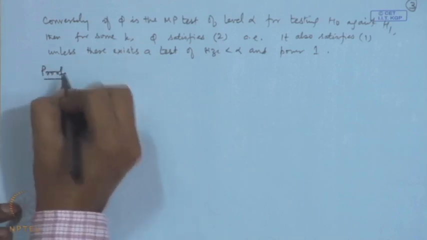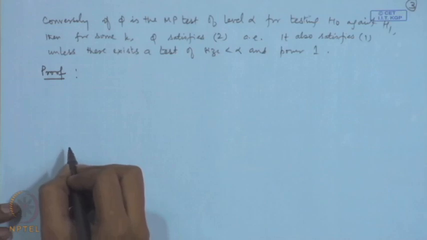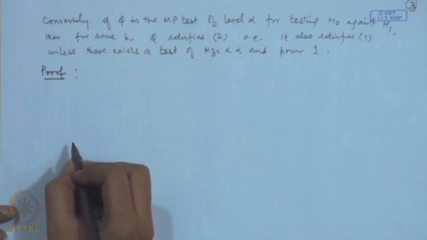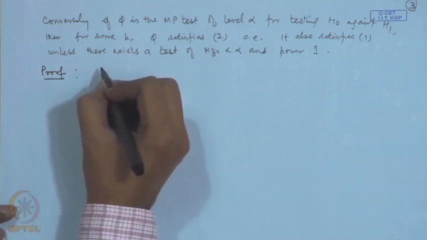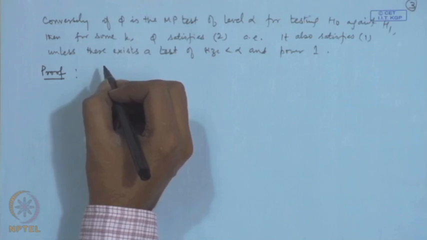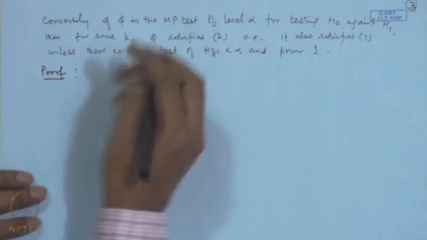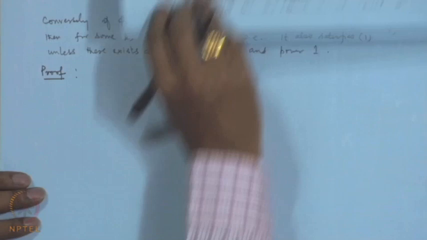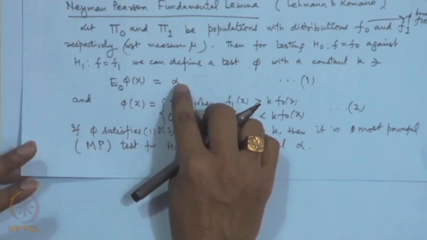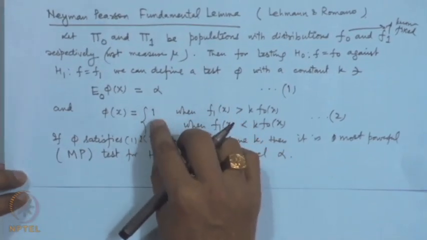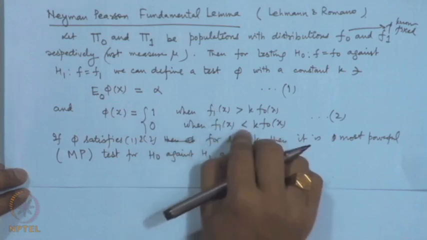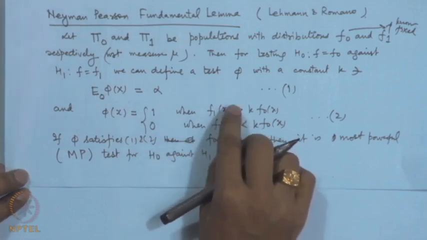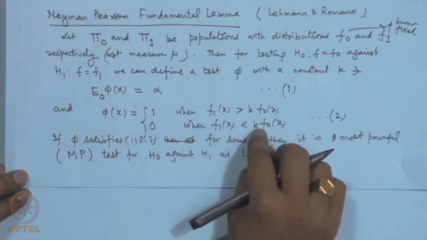I have followed the steps similar to Lehmann and Romano. So, let us consider, say, if I consider alpha is equal to 0. If alpha is equal to 0, that means we should always accept H naught. If we always accept H naught, then we can take k to be infinity as a convention.